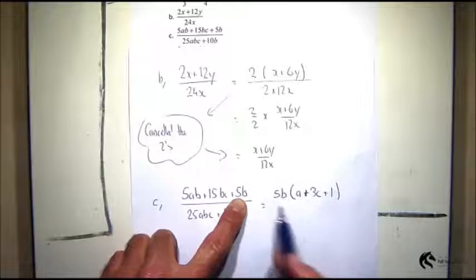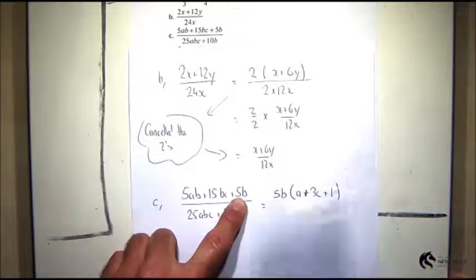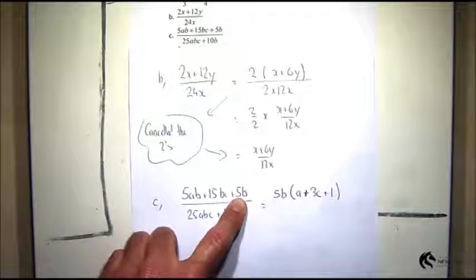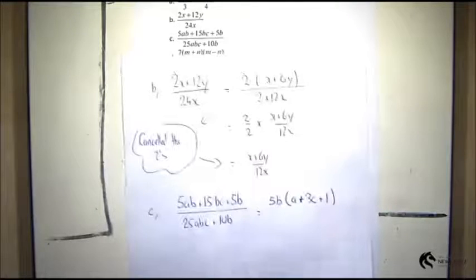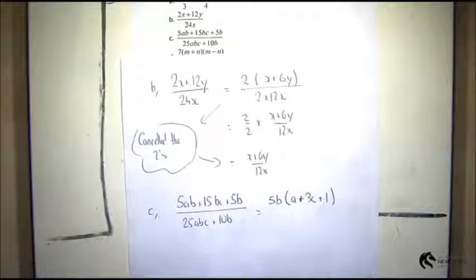So all I've done here is I've used my distributive law in reverse. In fact, have I got my distributive law sitting here somewhere? Probably on this one, is it? No. Because I said it was important, and somewhere along the line, of course, I can't find it.